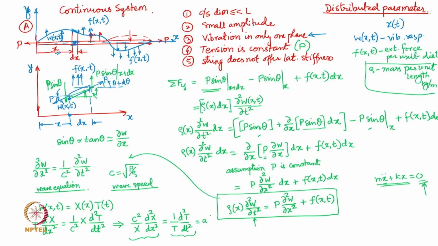So c²/X d²X/dx² equal to 1/T d²T/dt², and that constant I can take equal to minus omega squared. It is logical to assume that constant to be minus omega squared.